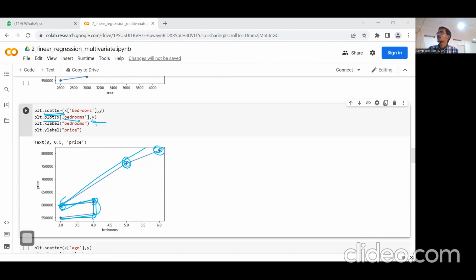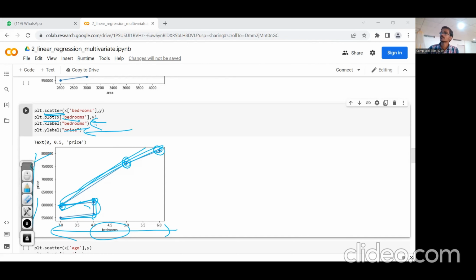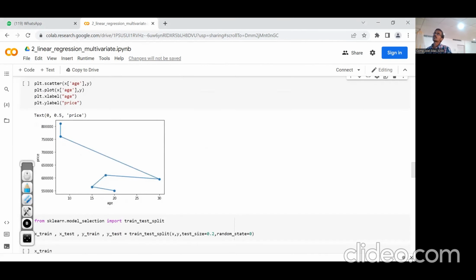And then what is the label for the x-axis? Bedrooms. And what is on the y-axis? Y label is price. Similarly for age against price.